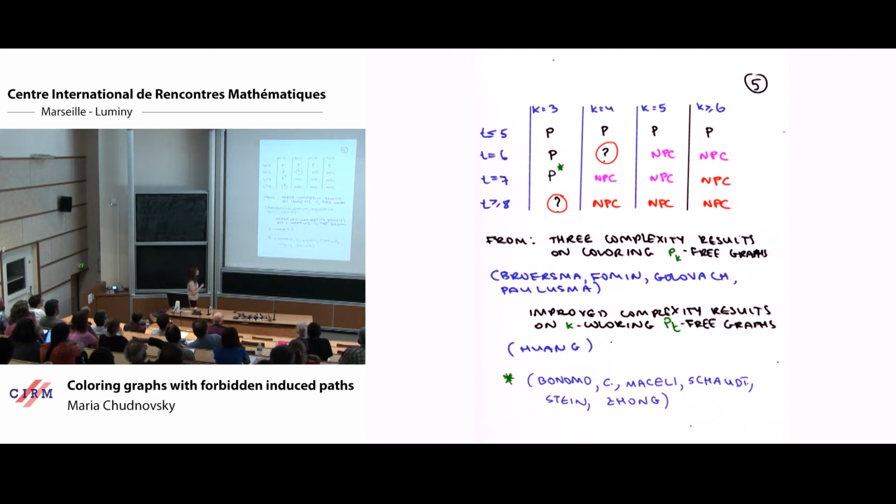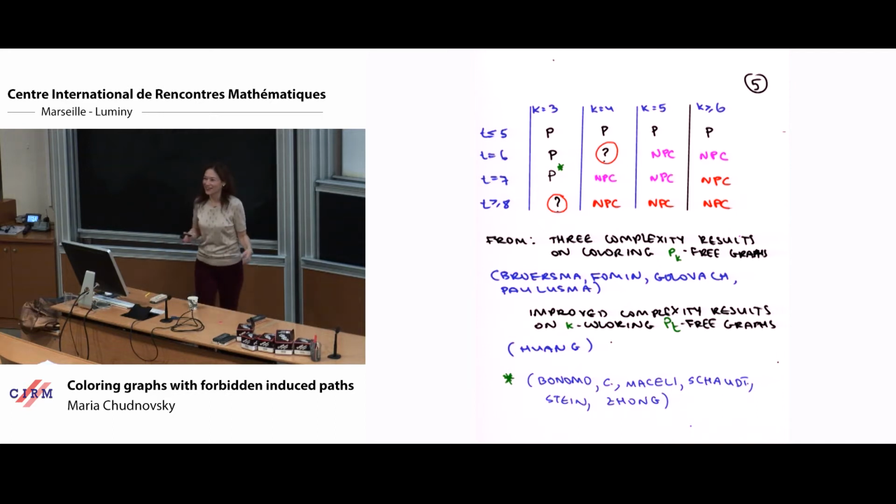Then the NP-complete results in pink are newer, and they're due to Xinwei Huang. And this one with an asterisk is our theorem with Flavia Bonomo, my student Peter Maceli, Oliver Schaudt, Maya Stein, and my student Mingxian Zhong, and I'll talk about that a little bit more. That's why it's with a star.